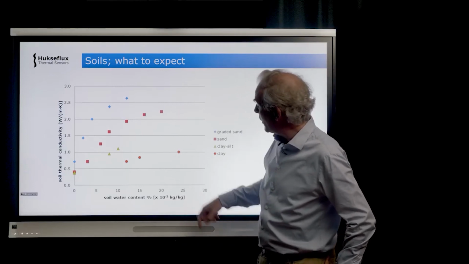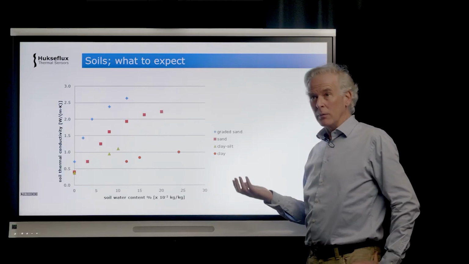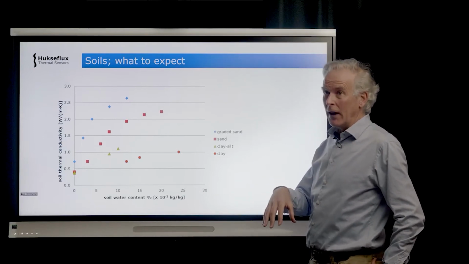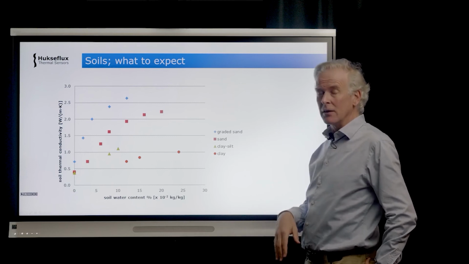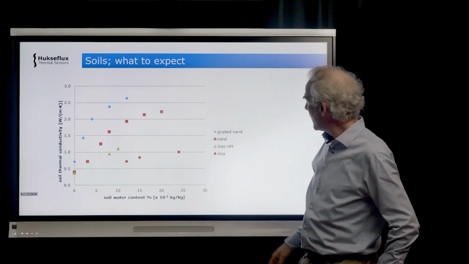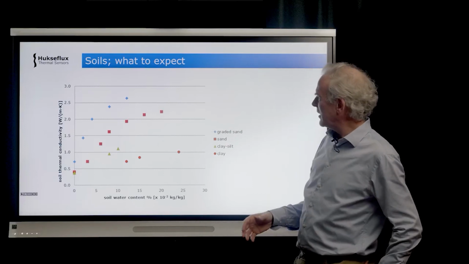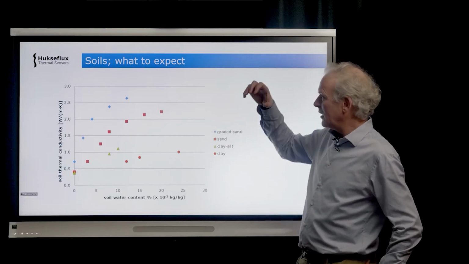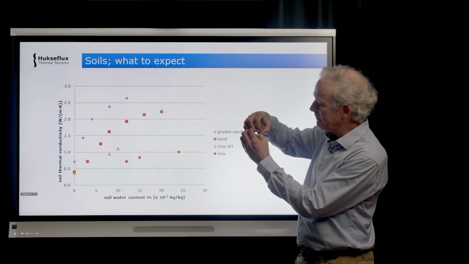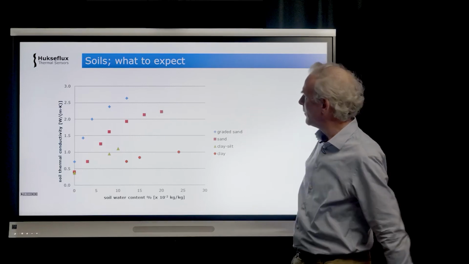This percentage by weight is about the maximum. That's the volume that was originally occupied by air, now replaced by water. So here you get to the saturated condition. Graded sand means that you have large particles of sand, but in between there are small particles of sand.